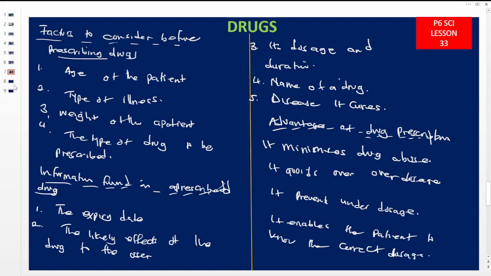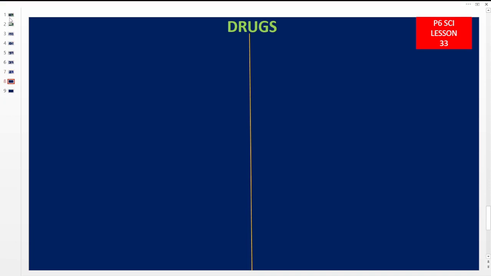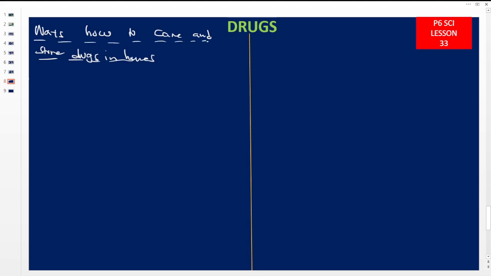Now let us lastly see how these drugs are kept. So ways how to care and store drugs in homes. 1, keep drugs away from children. Then 2, avoid physical damage.